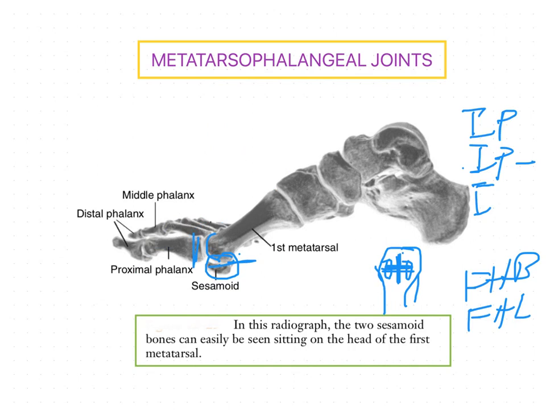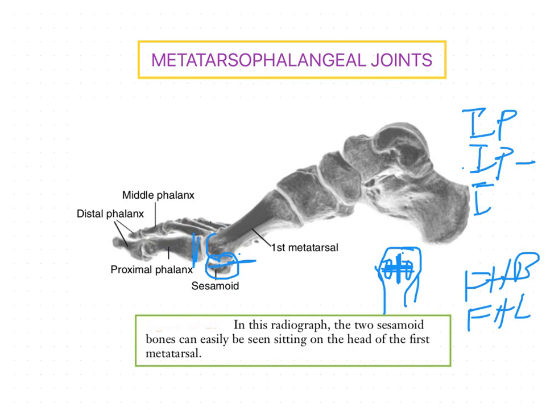Unlike the sesamoid bones of the thumb, the sesamoid bones of the first metatarsal absorb weight-bearing stress along with the relatively large quadrilateral shaped first metatarsal head.